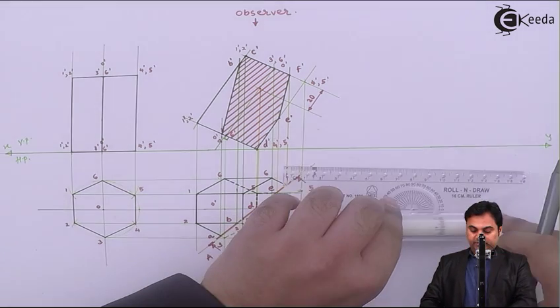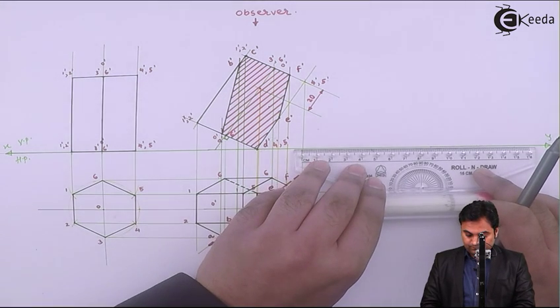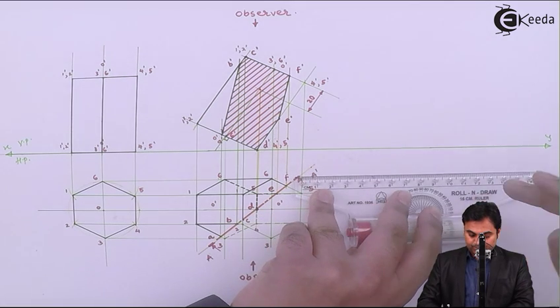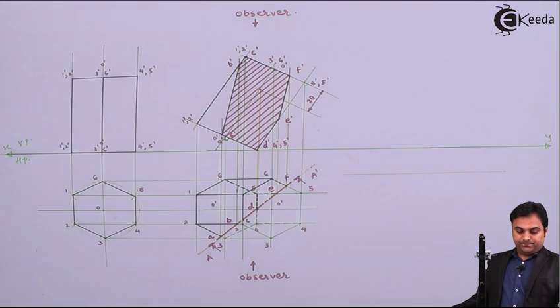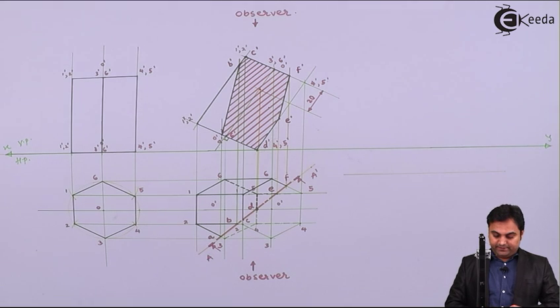So here I'll draw a light line parallel to XY. Over this line, I am going to measure the length of the cutting plane.